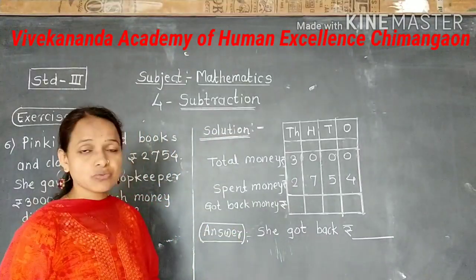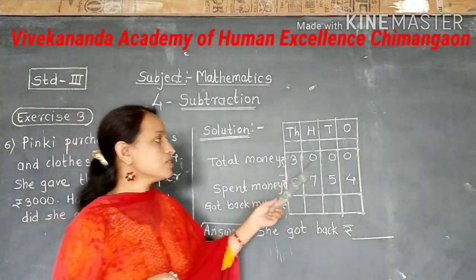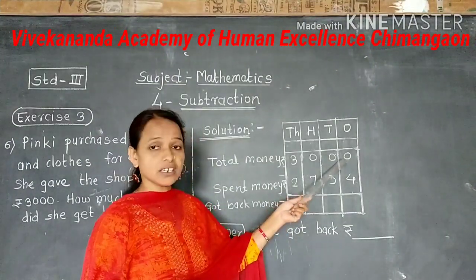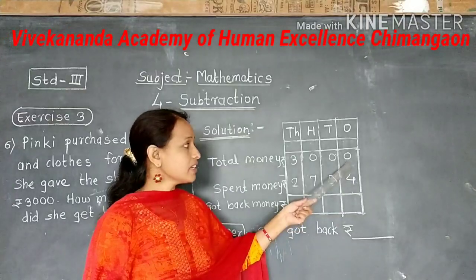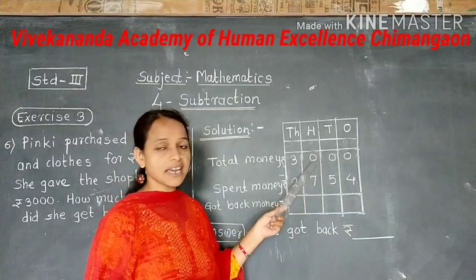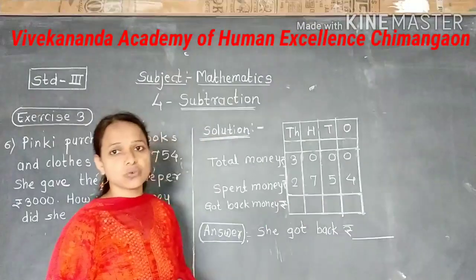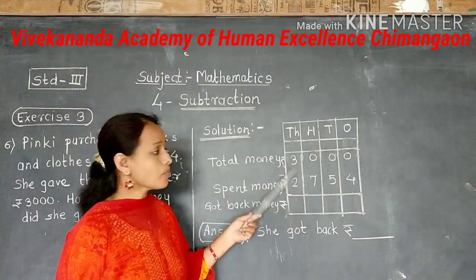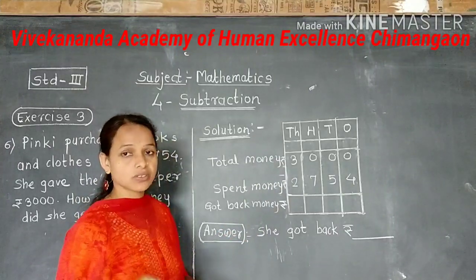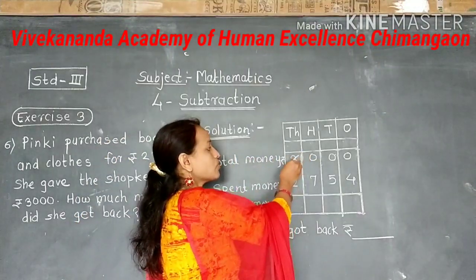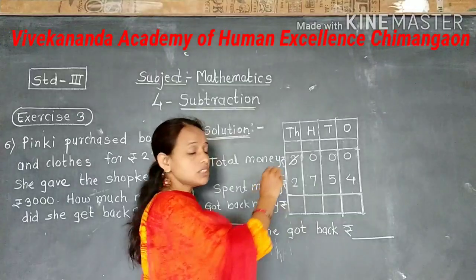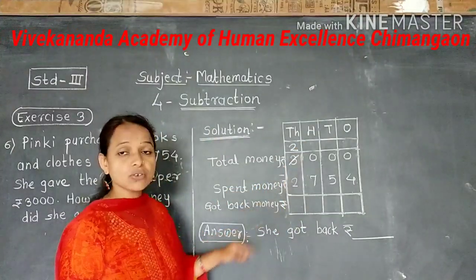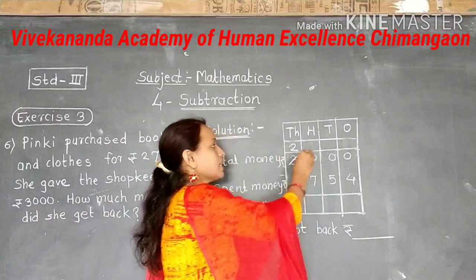So look here, first we subtract ones. If you observe, you understand that here we do not have enough ones, tens and hundreds. So here we have to regroup. It means we have to borrow 1,000 from 3,000. 3 minus 1 is 2, and 0 becomes 10 hundreds.